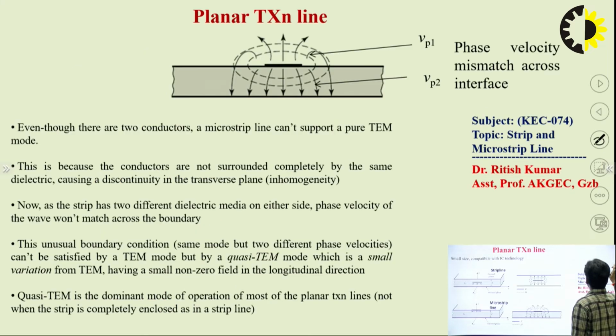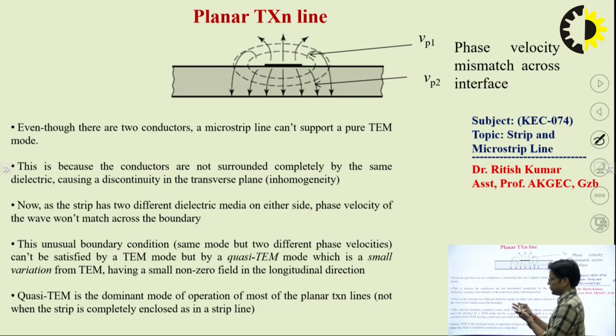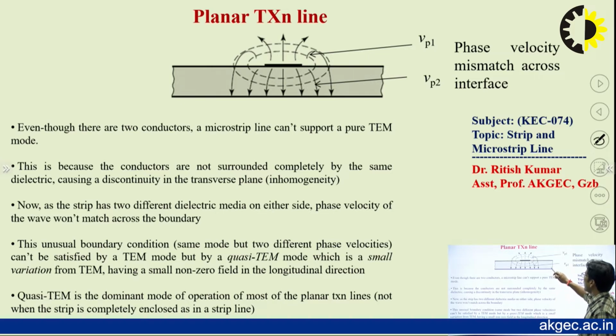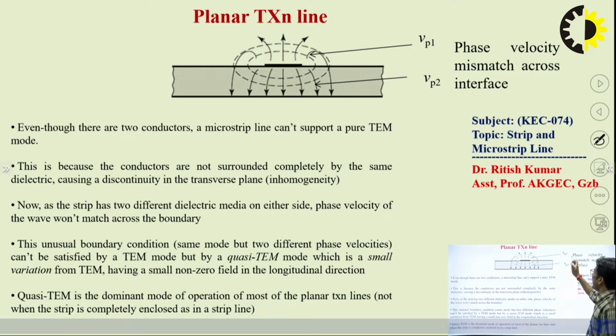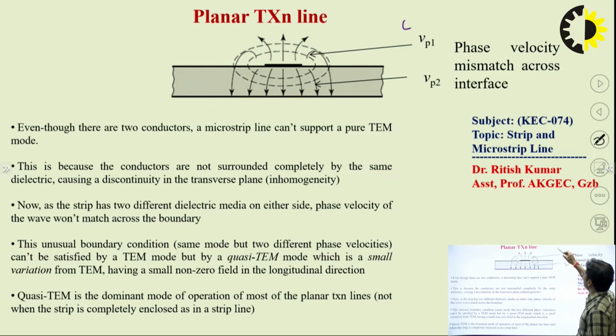Now the second one is the microstrip transmission line. As we discussed, this is a multi-conductor device. The upper part has the air dielectric constant, epsilon r equal to 1, and the lower half has some substrate permittivity, epsilon r greater than or equal to 1.